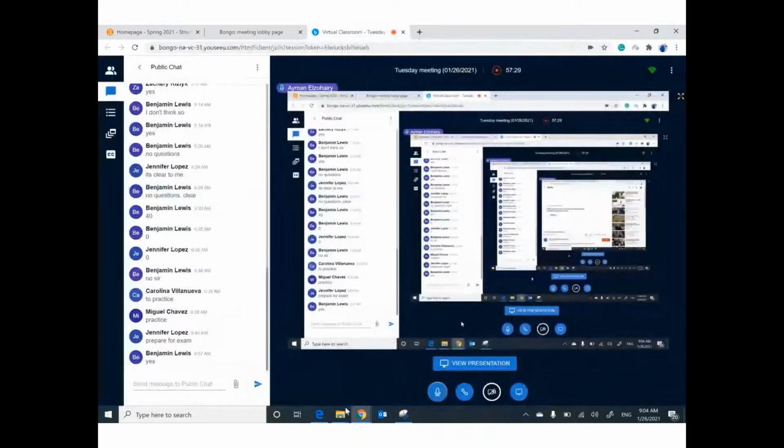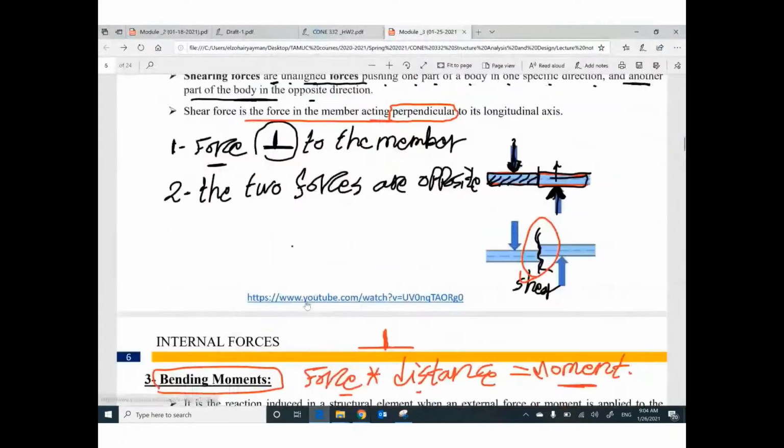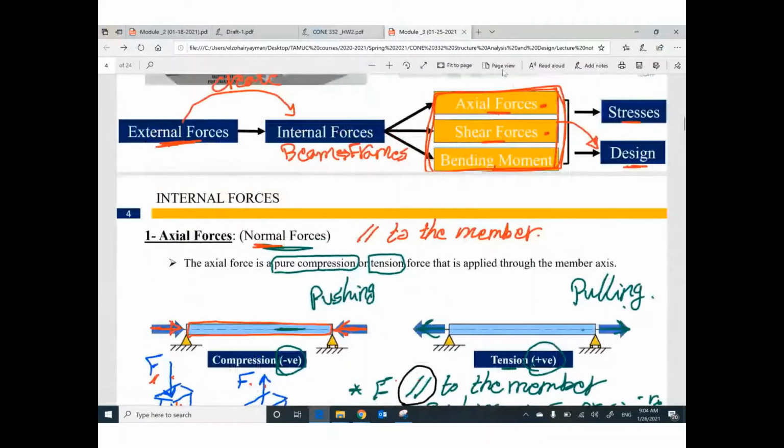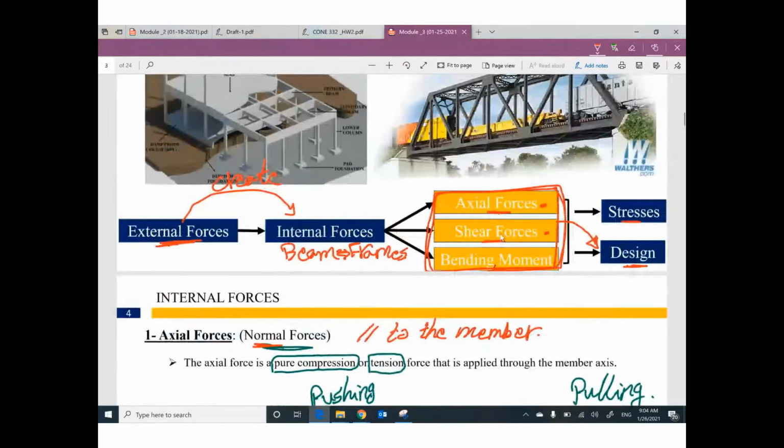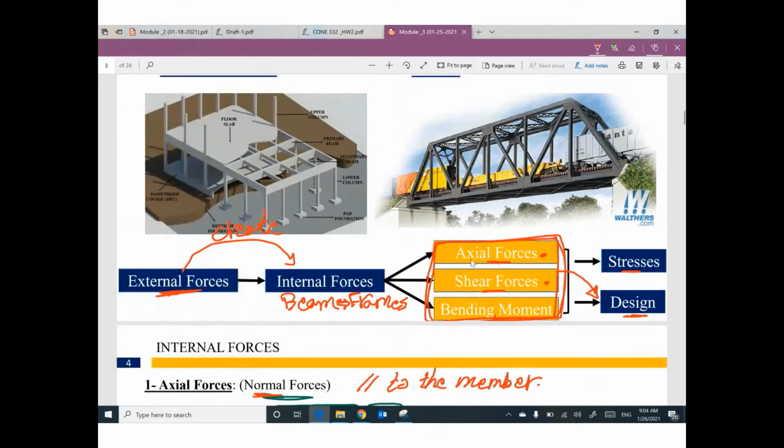So guys, to summarize what I said, keep in your mind, we have three internal forces. I cannot watch them in any building. Internal forces are created inside any member.